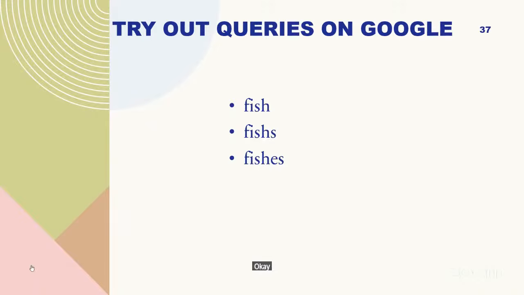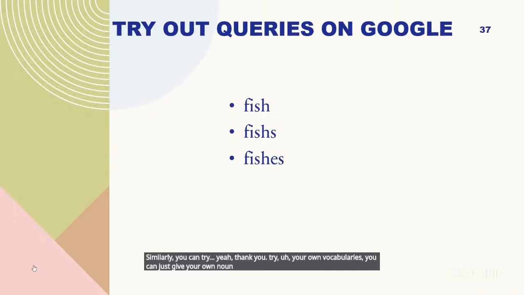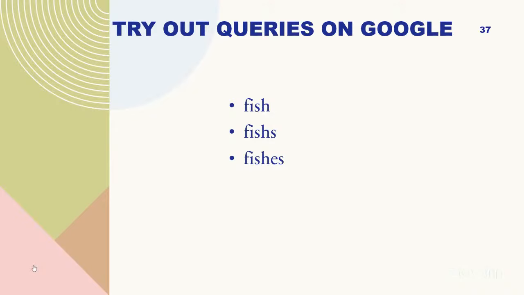Okay, try out with the jogging shoes, madam. Find out whether it is similar. Similarly, you can try, yeah, thank you. Try your own vocabularies. You can just give your own noun and find out how the stemming is done. It is just considering the shoes.